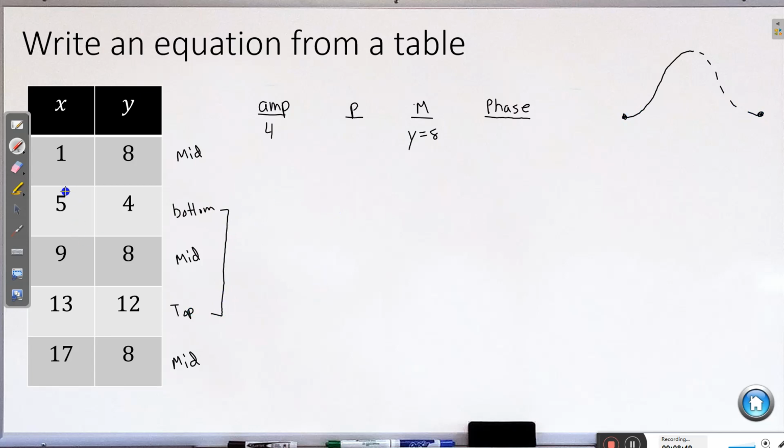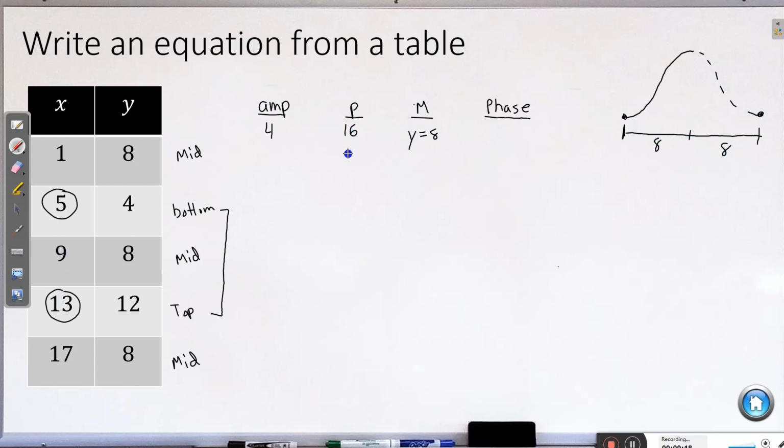So the distance from 5 to 13, remember we're looking at x values because we are looking at the horizontal distance. You want the x values, not the y values. So that distance right there is 8. That was only half the wave. If that distance is 8, this other distance is also 8. So my period is a total of 16.